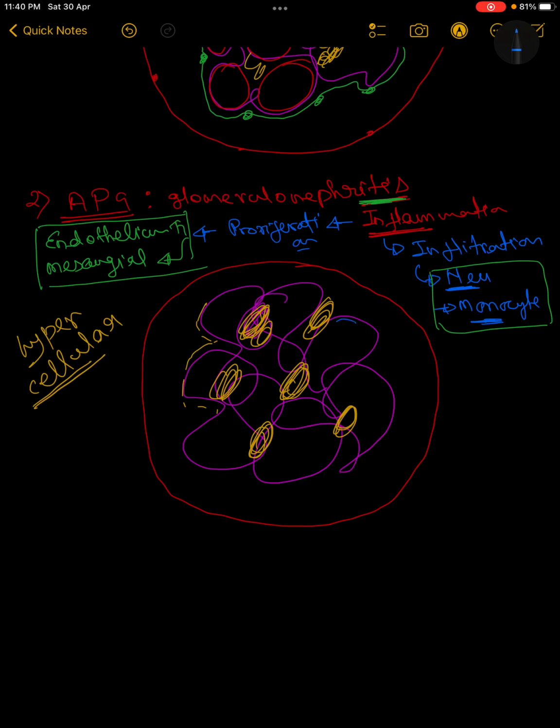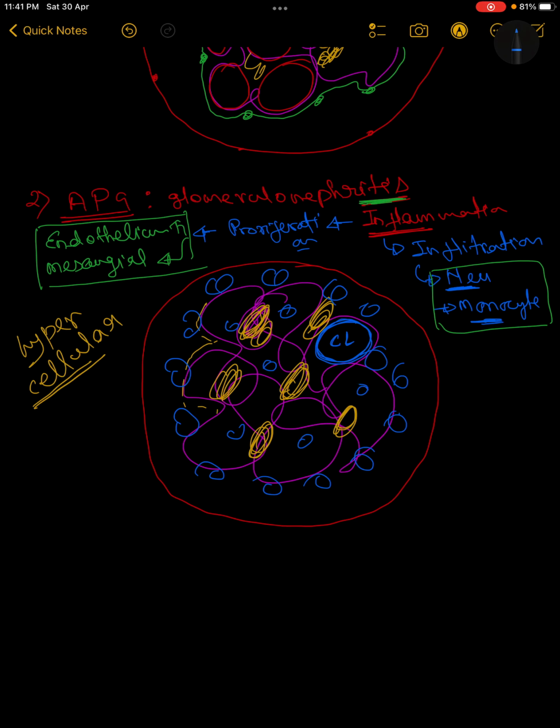From where will they infiltrate? If this is our capillary lumen, from this capillary lumen the neutrophils and monocytes will come here. This is infiltration. So neutrophils and monocytes are now present in the glomerulus.